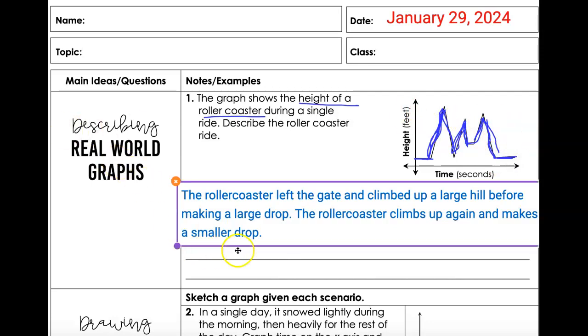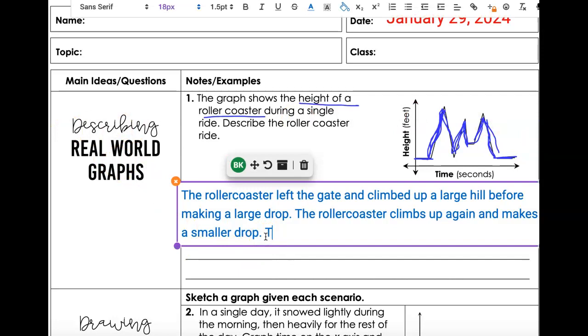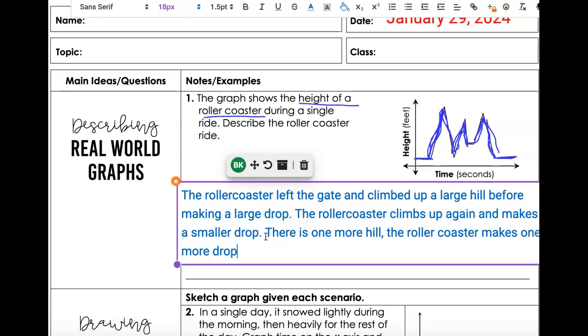And so again, we explain exactly that. There's one more hill, the roller coaster makes one more drop, a little smaller than the first, and the ride ends.